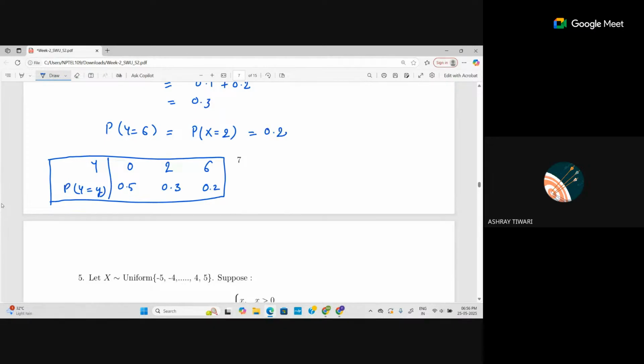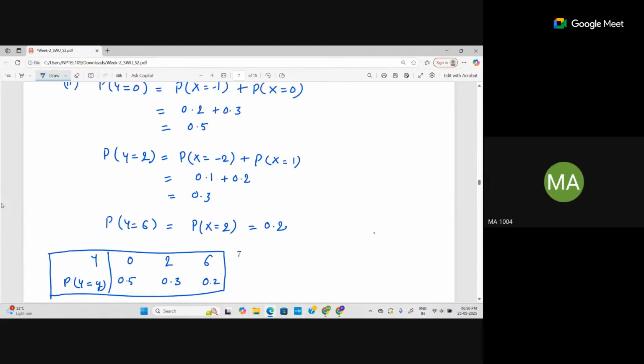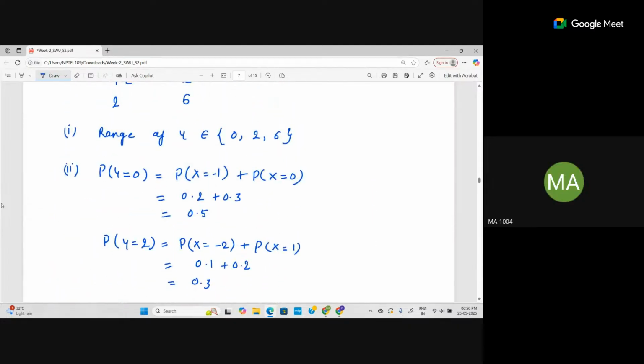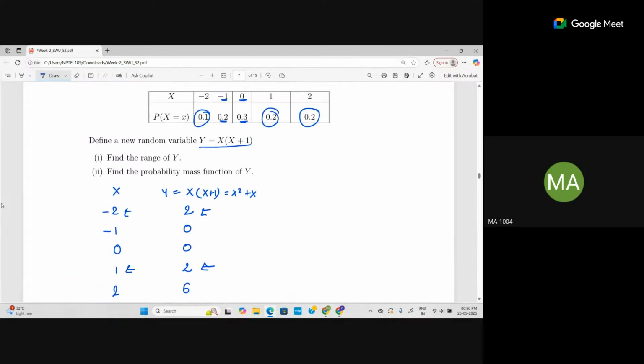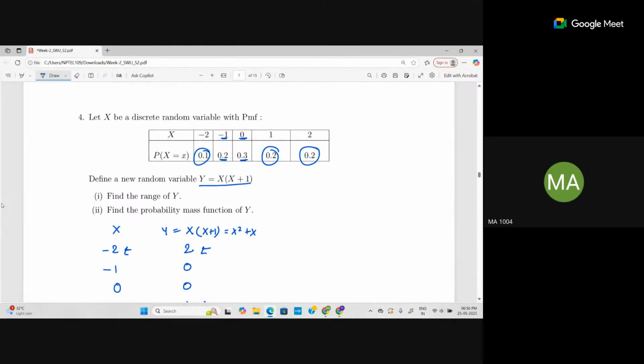As we can see here, x square plus x takes values from x, and y is also working as a random variable. Yeah, see, y is also a random variable here. So a function of a random variable will also be a random variable. So here x and y both are random variables. Yes, ma'am.